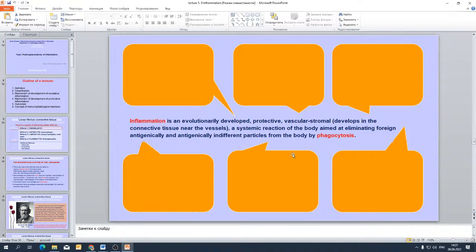If we discuss phagocytosis and vascular stromal, where is inflammation localized? What do you think? Often a student answers me, in the blood. Why? Inflammation forms in loose connective tissue.